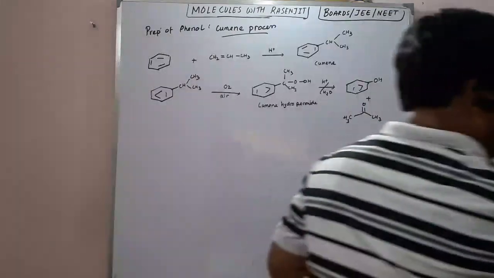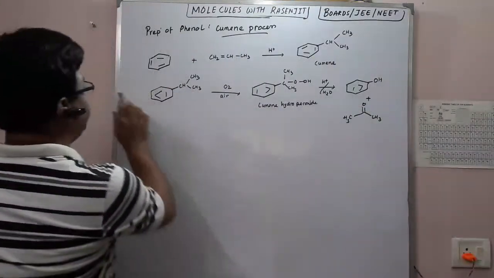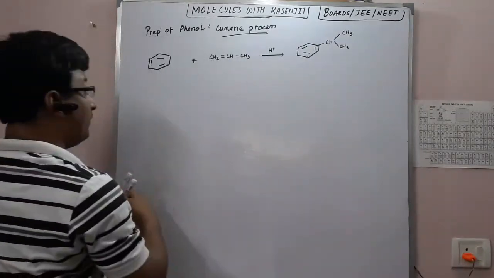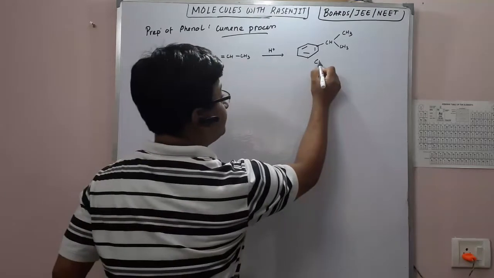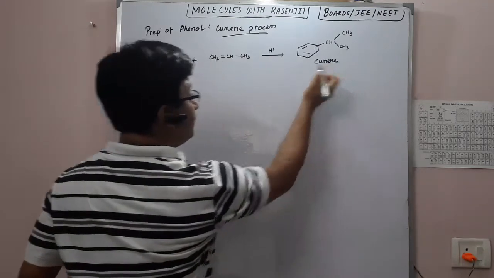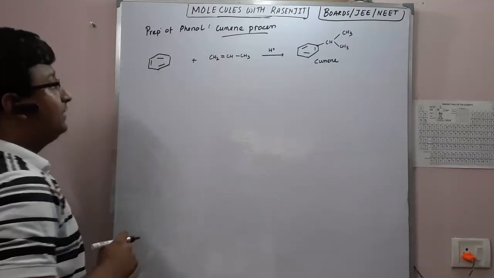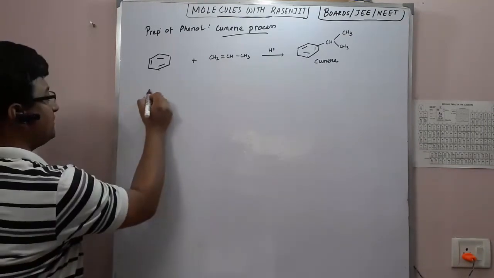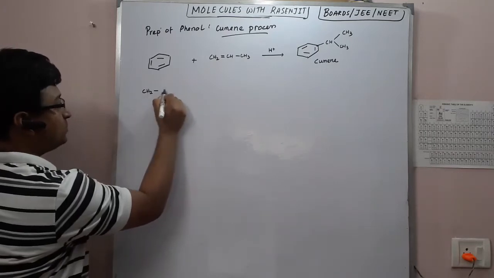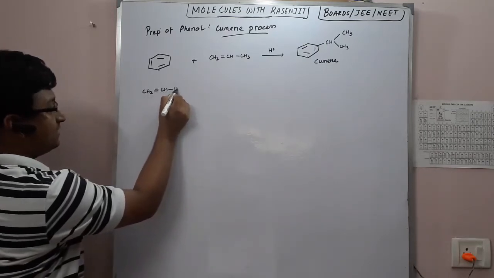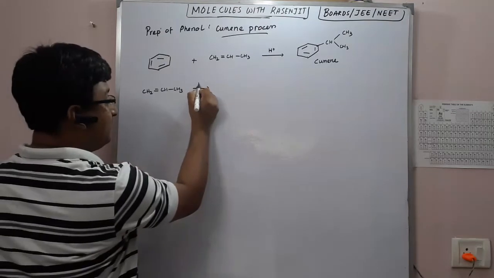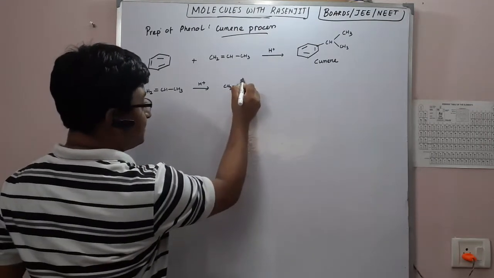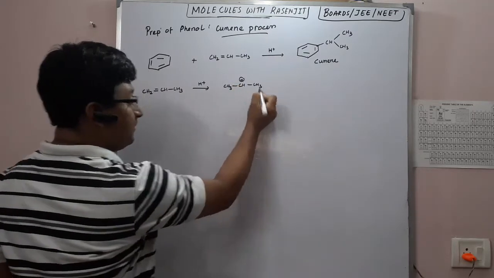Now, if you look very clearly at the first step, the first step is nothing but an acid catalyzed aromatic electrophilic substitution. So CH2=CH-CH3, if you treat it with acid, it will go to CH3-CH+-CH3.